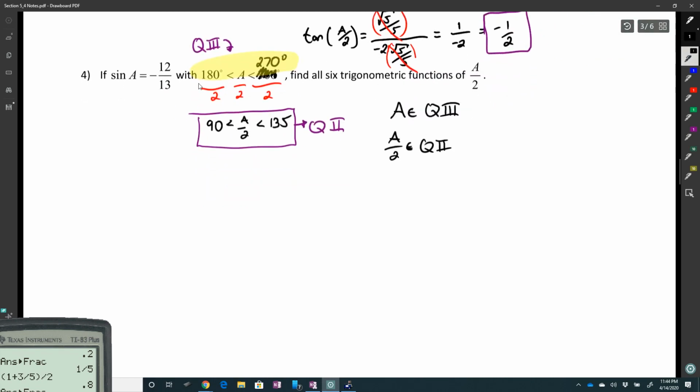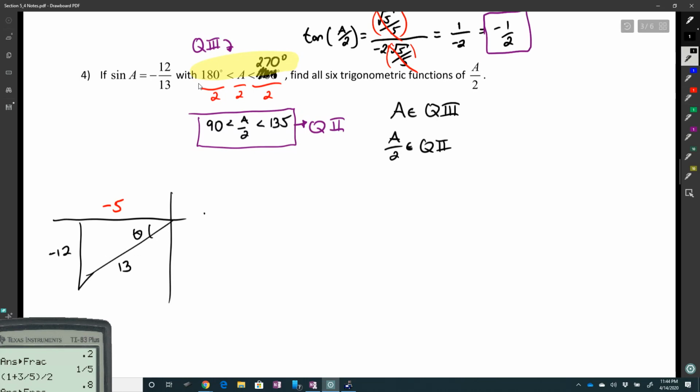All right, so let's go ahead and make our stuff. So sine of A is negative 12 over 13 in quadrant 3. So here is theta. Sine is opposite over hypotenuse. This is a 5, 12, 13 triangle. So this is going to be negative 5. Okay, they say find all 6 trig functions.